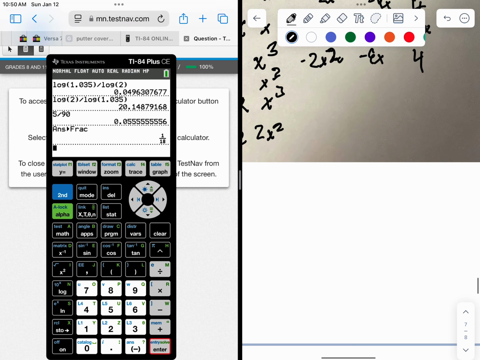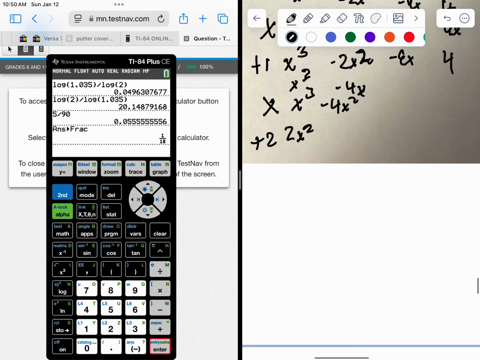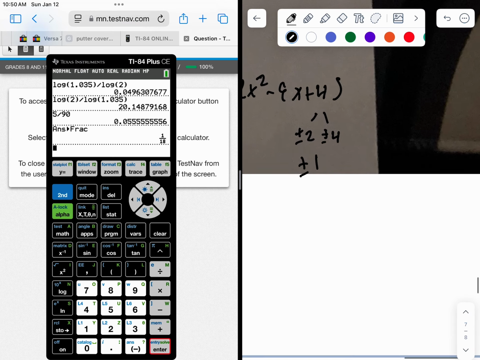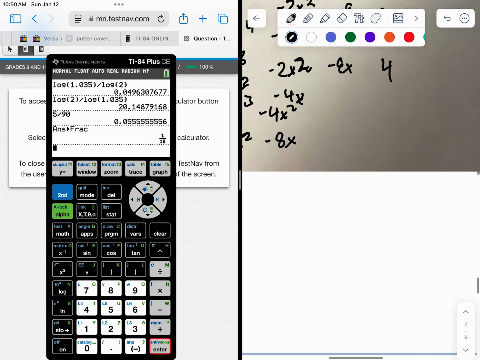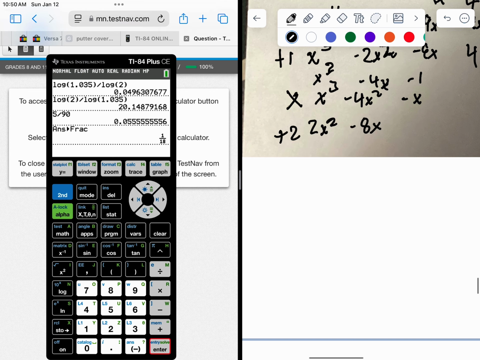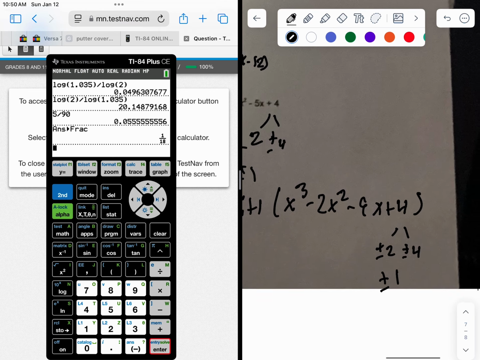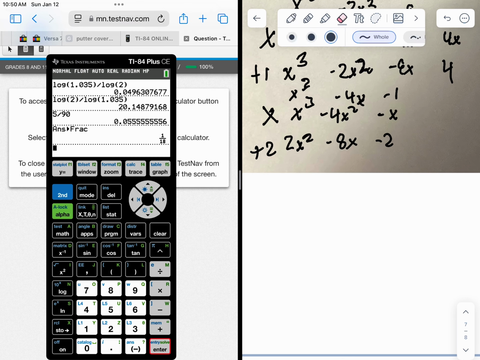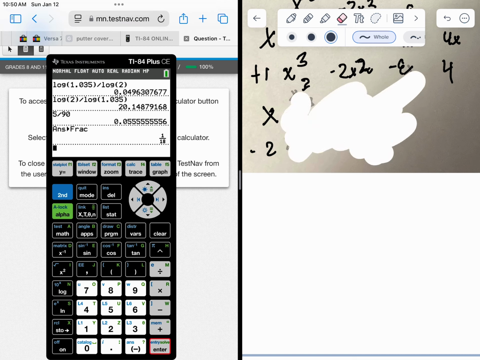Minus 2x squared. So it's 4x squared minus 4x. Negative 8x. What's negative 9x? So you have negative x, negative 1, negative 2, then we have a remainder. So no, x plus 2 doesn't work. That's just to show you that they might not always work on the first try.